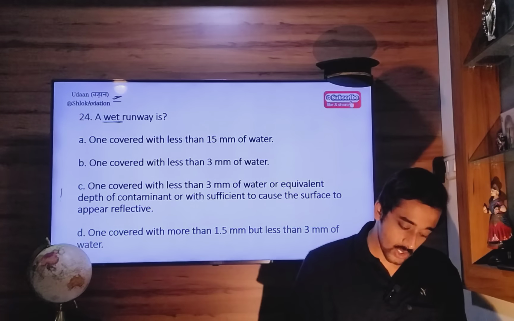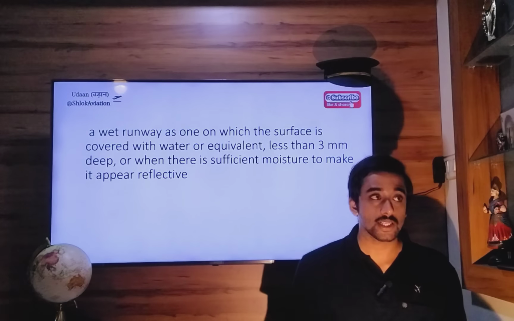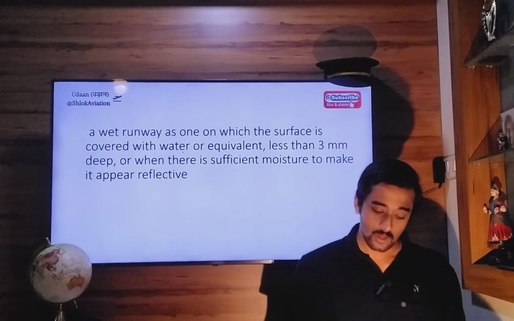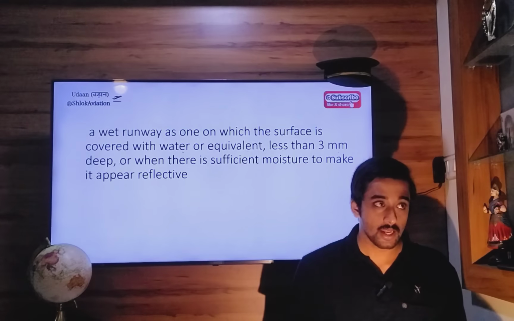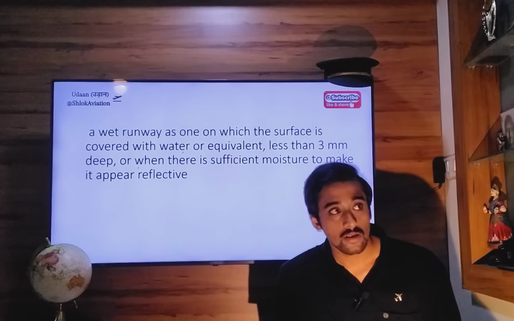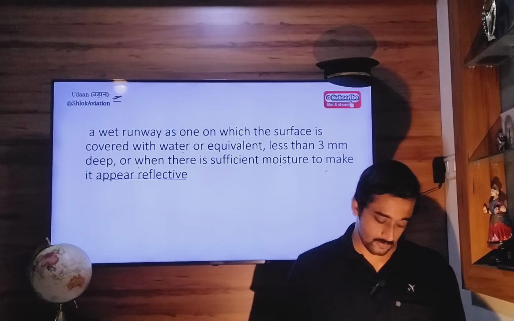So the correct answer is option Charlie. A wet runway is one on which the surface is covered with water or equivalent less than 3 millimeter deep, or when there is insufficient moisture to make it appear reflective.